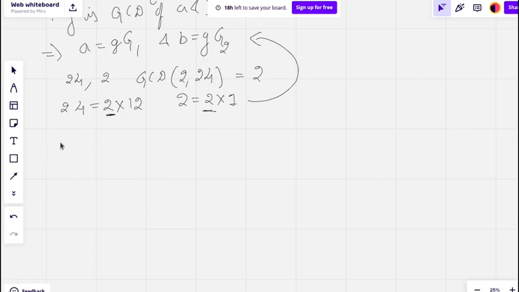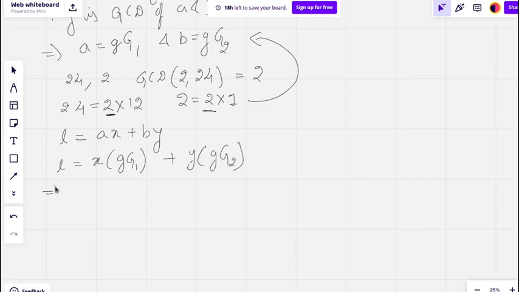Let us plug these values into the equation AX plus BY. L was AX plus BY, so now X times A becomes G times G1, plus Y times G times G2.